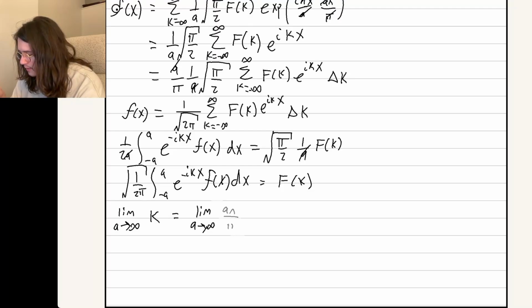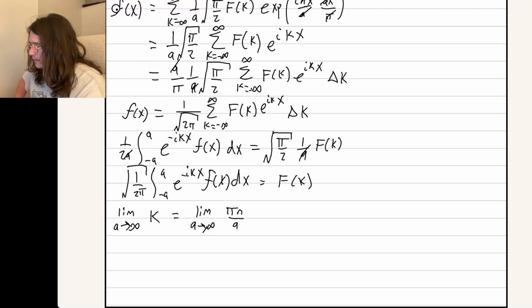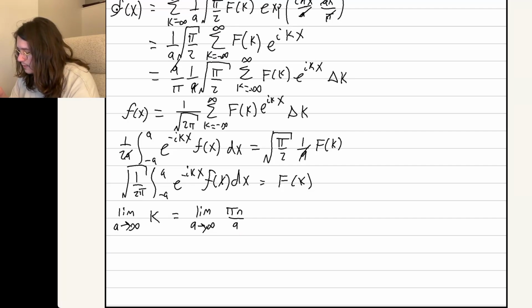No, it's pi n over a. This is funky because when a goes to infinity, this thing becomes infinitesimal, which is also interesting because now delta k, since it's an infinitesimal quantity, will just go to dk. And now we can do an integral over all space rather than a sum over all values.